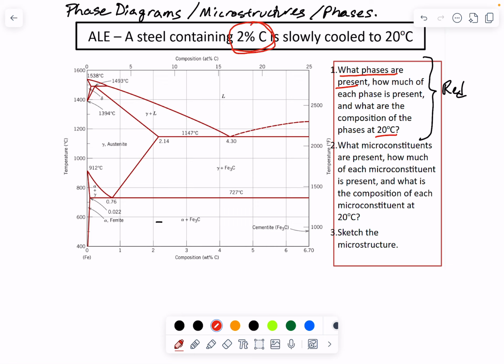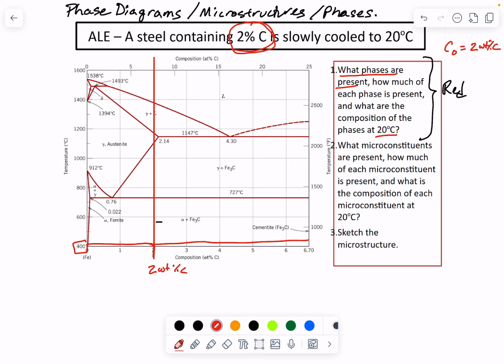As soon as you know the alloy composition, in other words, that the composition of the alloy is 2 weight percent carbon, what we do is draw a vertical line going all the way up through 2 weight percent carbon in order to answer that question. We notice on this left-hand side, it doesn't even go to 20 degrees C, so we'll answer it at 400. That's the best we can do. We're going to choose this temperature here to answer that question.